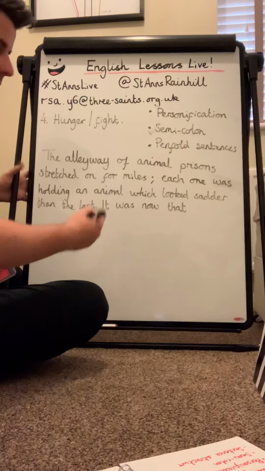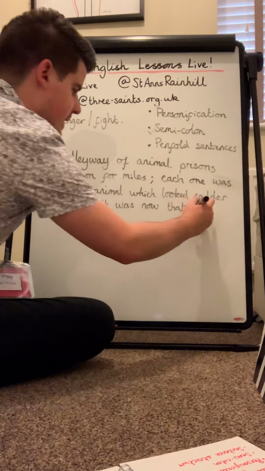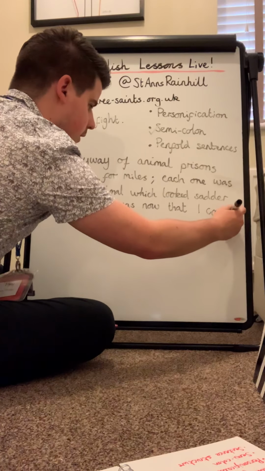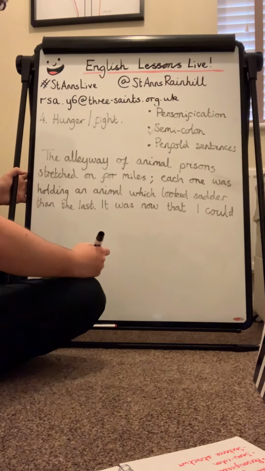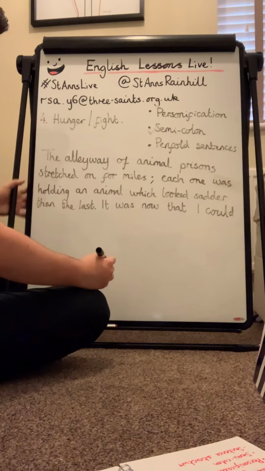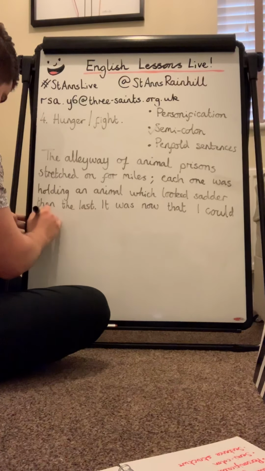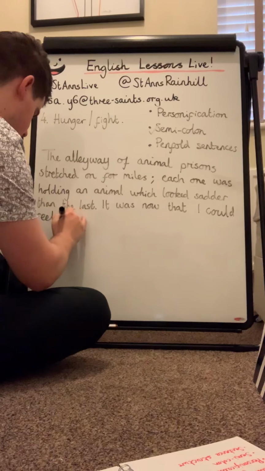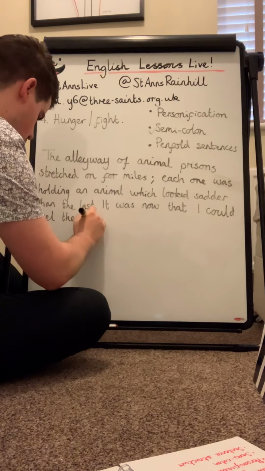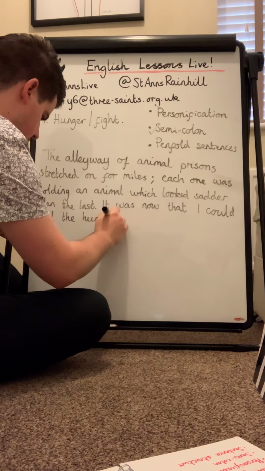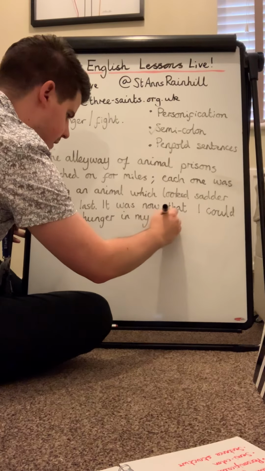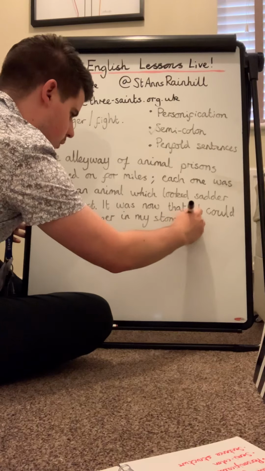So it was now that I could feel... let's do two sentences, one with feel and one with maybe hearing. It was now that I could feel, maybe we could just say the hunger, like it was an animal, like the tiger, the hunger in my stomach. What could we make it do to make it sound like an animal?